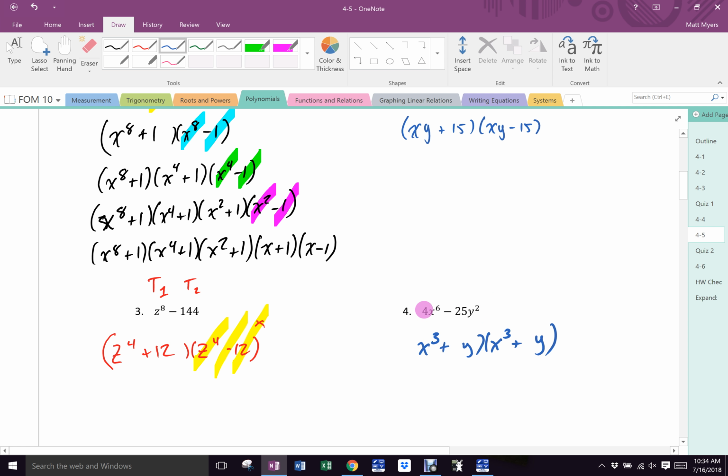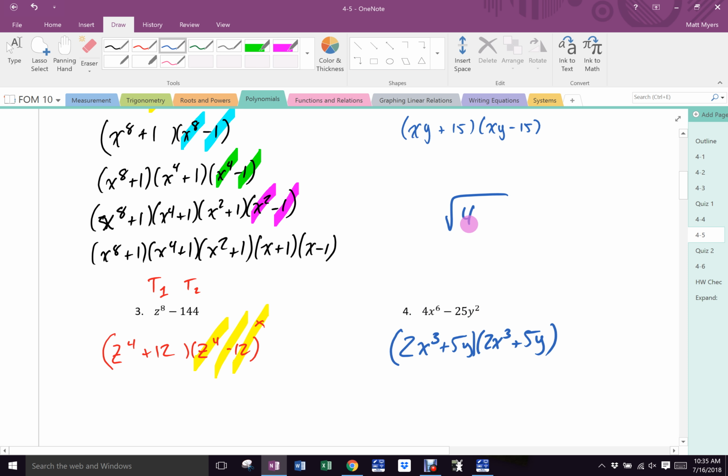Is 4 a perfect square? What's the square root? 2. Is 25 a perfect square? What's the square root? 5. Does everyone see how that one works? 2x cubed. See how it follows the rules? Because it's a square minus a square, we can do that.